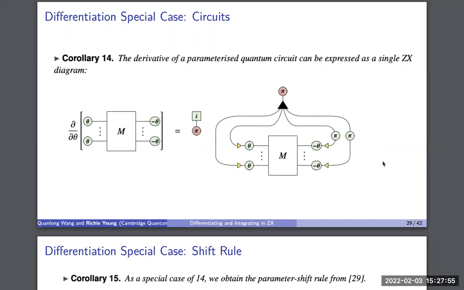I just want to note that here we have a circuit on the left-hand side. When you differentiate it, you get something that is not actually circuit-like. So this doesn't automatically give you a gradient recipe or a parameter shift rule per se. We still need to do more rewriting of this diagram to express it as a circuit.